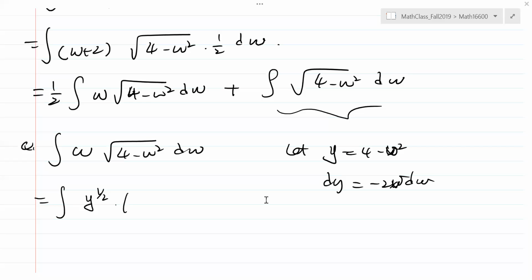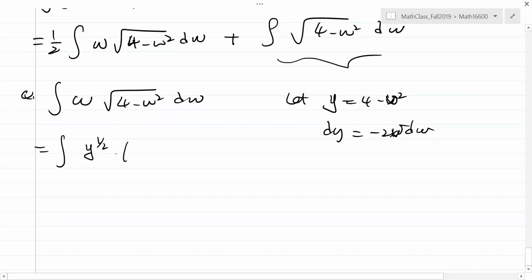Did I touch the button? Okay. No. So that would be negative 1/2.